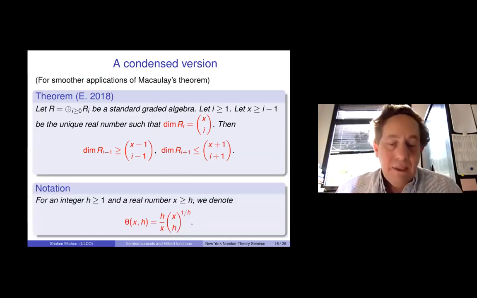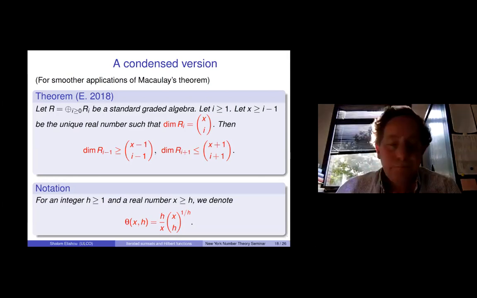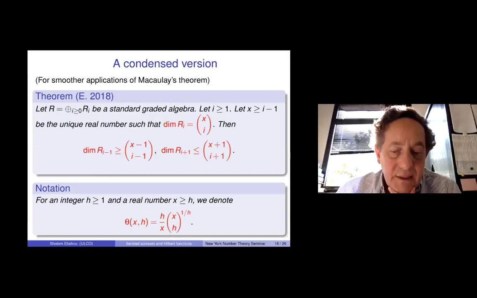And now that's the key number. You remember the strengthening factor, theta of x, h, it's defined in this way: h over x times this binomial to the power 1 over h. So that's theta of x, h.